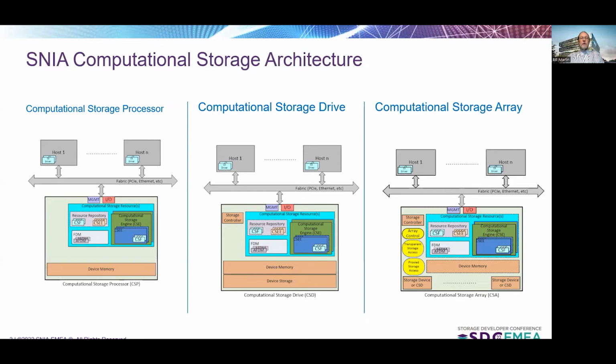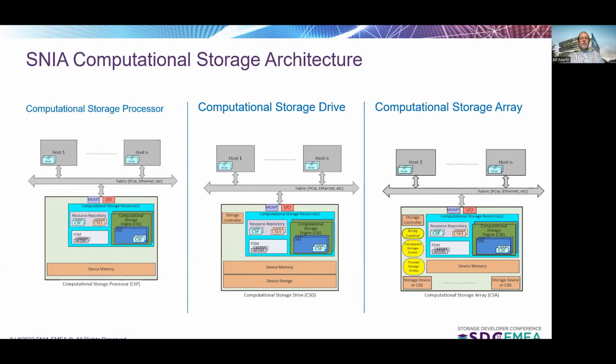I'm not going to go into detail about the SNIA computational storage architecture, but I would like to briefly start out with the fact that within that architecture, we have three different versions of computational storage devices. There is the computational storage processor, which is the simplest of the devices.